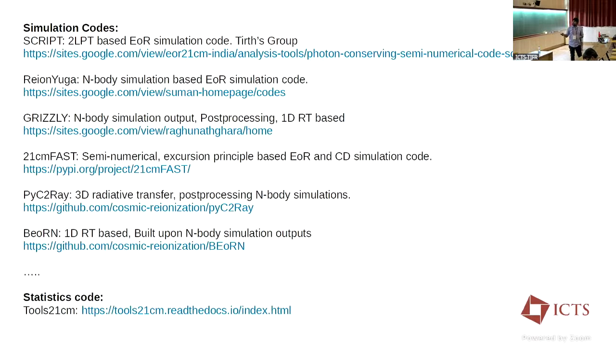There is another code named Bears, which is again a 1D ray transfer based code, but it is more or less a Python version of Grizzly. They follow a similar approach and can be found here. There are maybe other codes, I don't know whether those are publicly available or not. So feel free, you define your problem and choose what code you want to use.